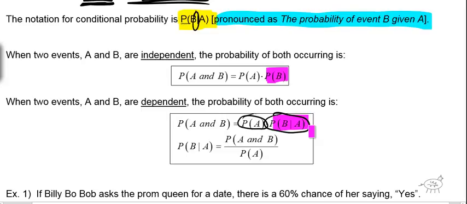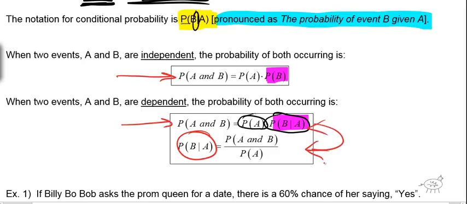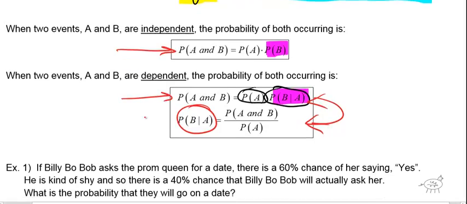They're both very important equations, and they're kind of similar. Basically, this bottom equation is solving for the probability of B given A. These two equations are really the same equation, I'm just solving for the probability of B given A. Let's see how we're going to use this.